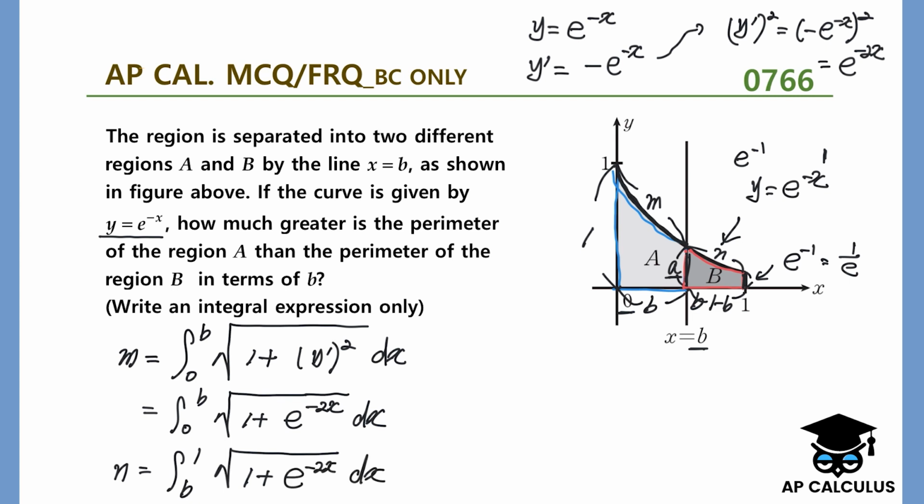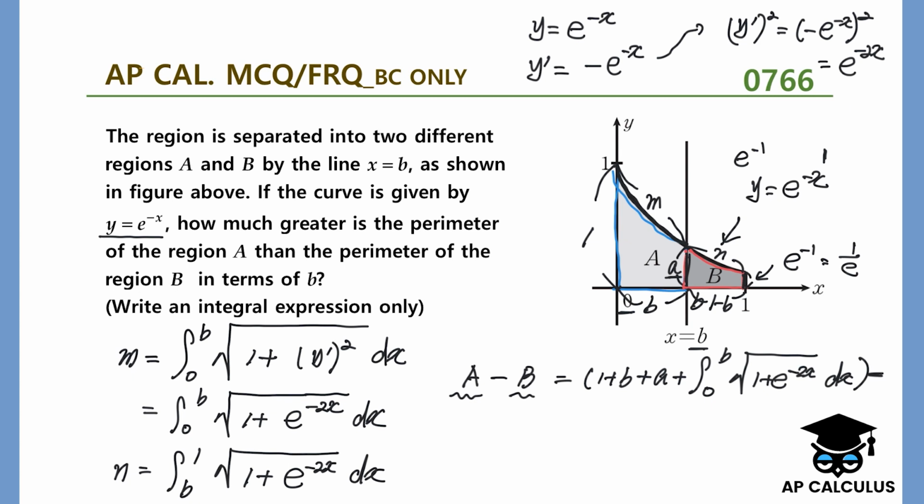So far so good? So the perimeter of A minus the perimeter of B is equal to, what's the perimeter of A? That's 1 plus b plus a plus m. So 1 plus b plus a plus m is the integral from 0 to b of the square root of 1 plus e to the negative 2x dx, minus, we have the perimeter of B right here.